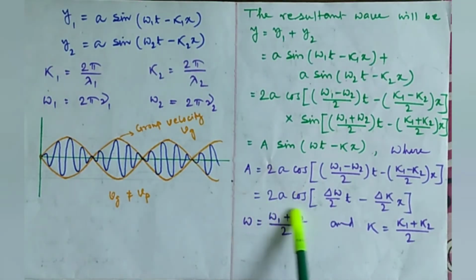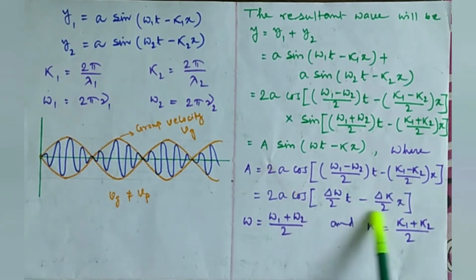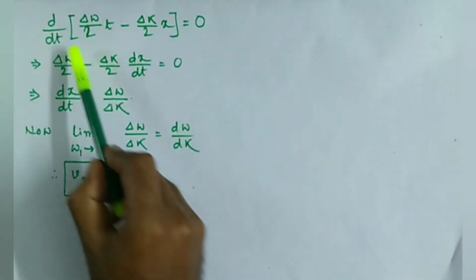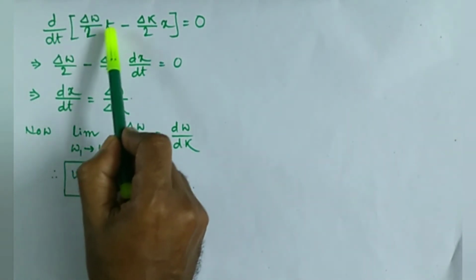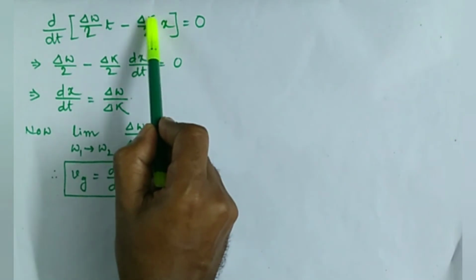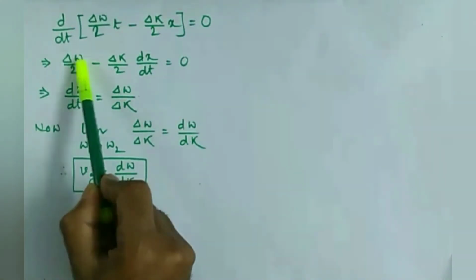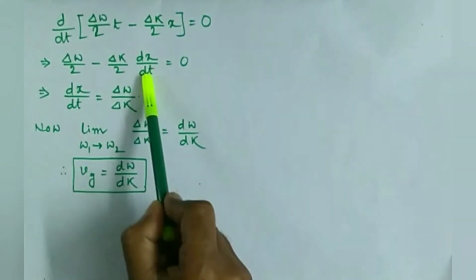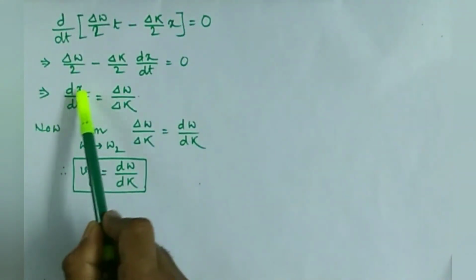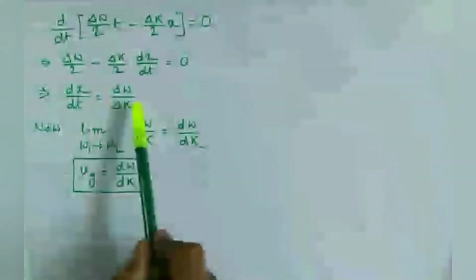In the expression of the amplitude of the resultant wave, this term is also a constant of motion, so we may write d by dt of [(delta omega by 2) into t minus (delta k by 2) into x] equal to 0, or delta omega by 2 minus (delta k by 2) into dx by dt equal to 0, or dx by dt equal to delta omega by delta k.